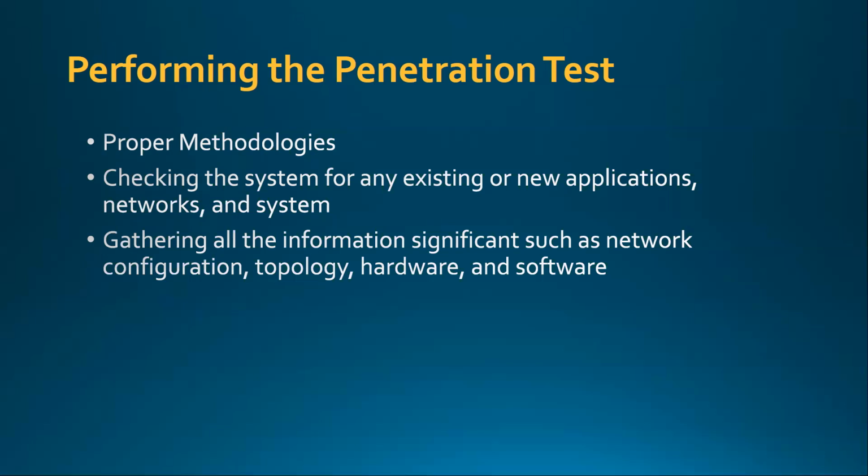Understand whether that computer has been running for multiple years or just one year, whether there are new applications installed within a few weeks or days, or all applications are old and provided by the company, whether there is any personal data, and whether there is any other network in the list. Then gather all the significant information such as network configuration, topology, hardware and software. All these things we require to perform a proper penetration testing task.